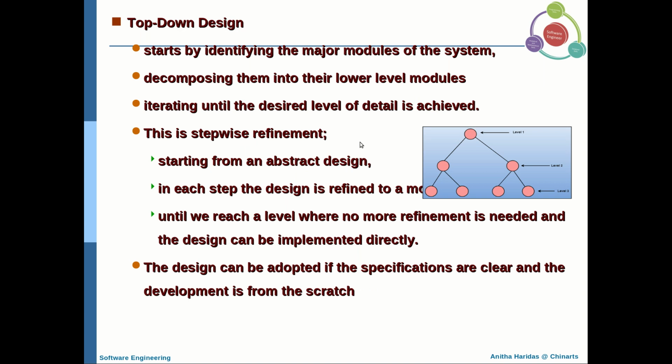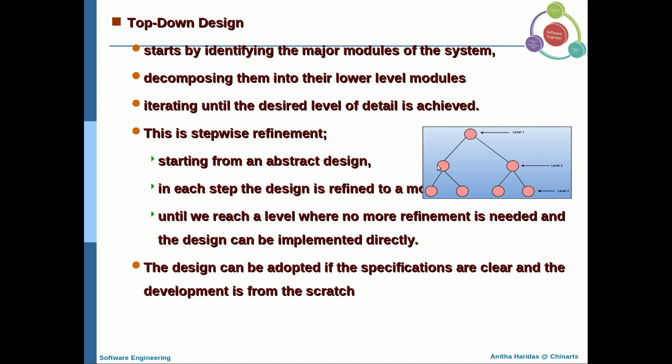you can see here in the top-down design, this is a major module which is decomposed into smaller modules. Suppose, for example, for this module I have a submodule like this, and this submodule can also be used as a submodule for this.